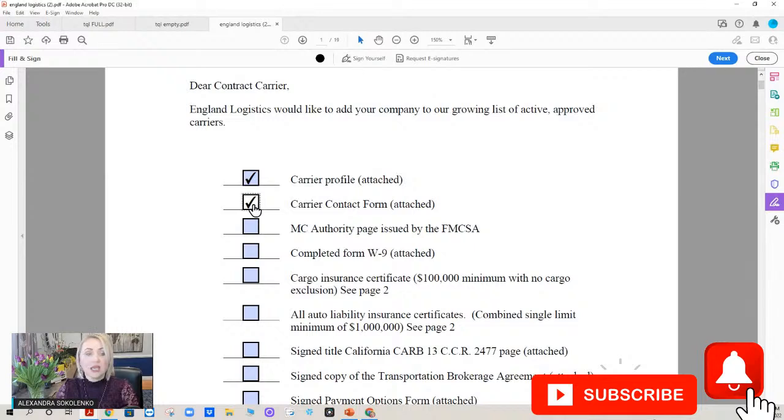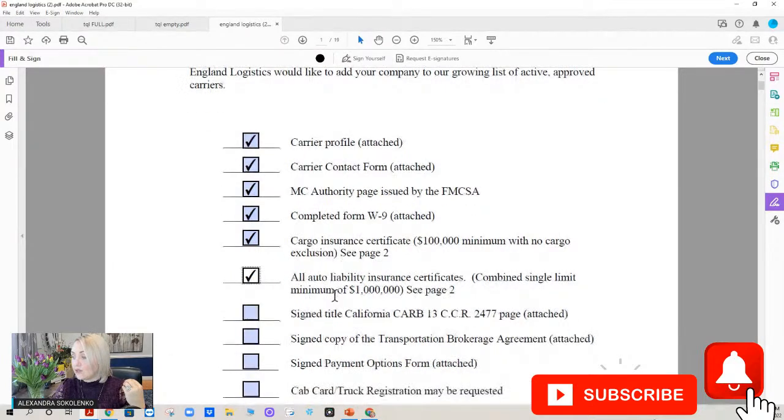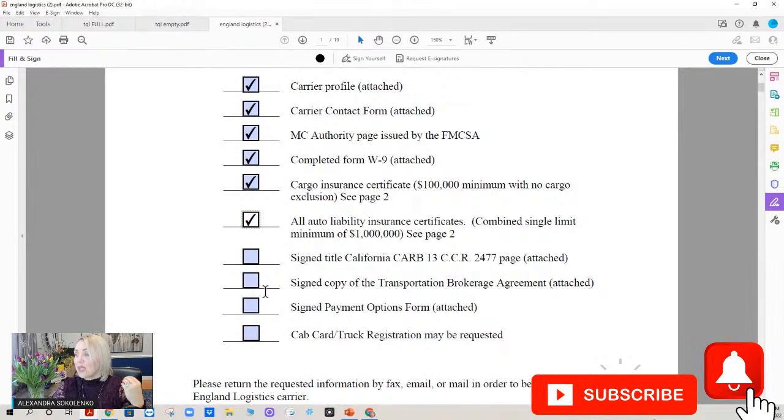Yes? Yes. You have to send them proof of your MC. Correct? Correct. You need to make sure you send them a W-9. Yes? Yes. You need to make sure you send them a certificate of insurance. Correct? Correct. With what? At least 1 million primary. And if you have CARB certification, you need to include that. And a signed copy of this agreement.